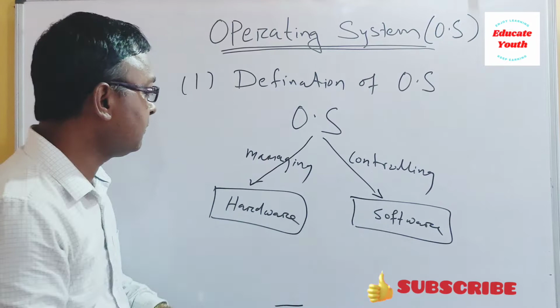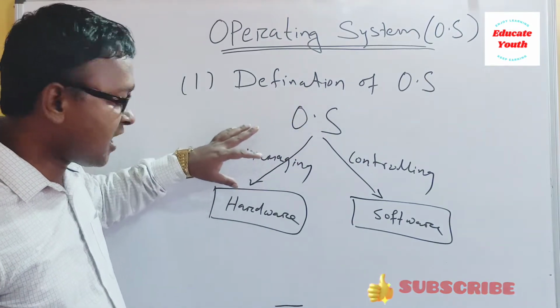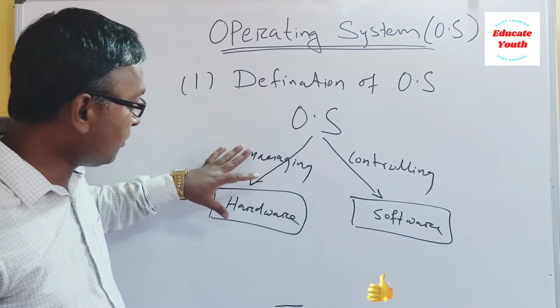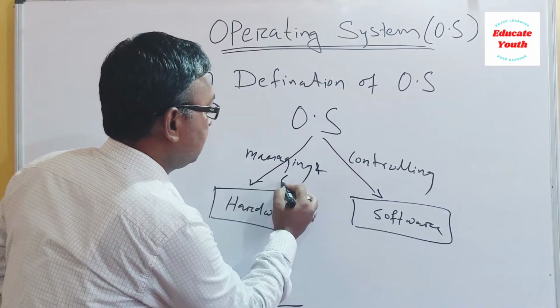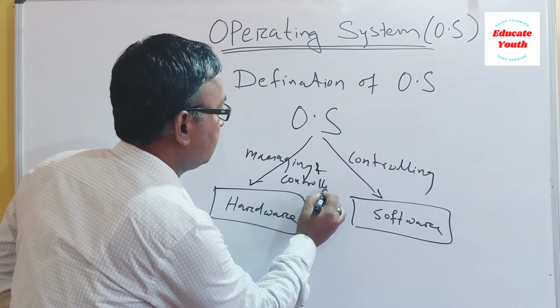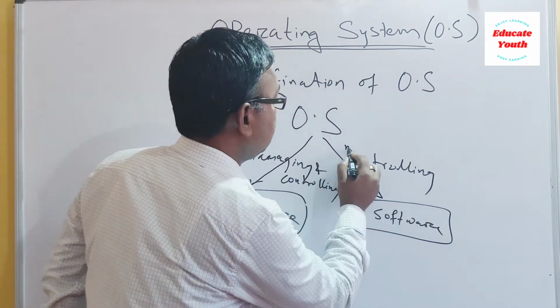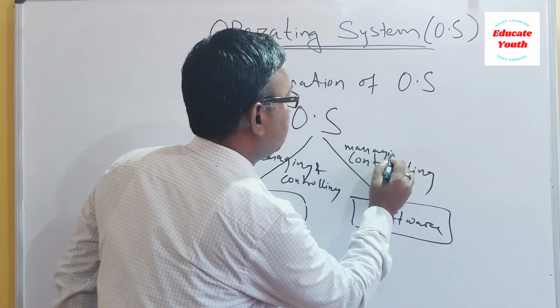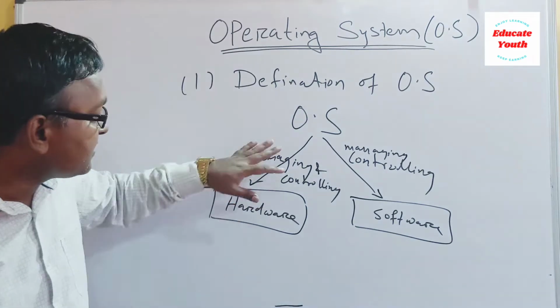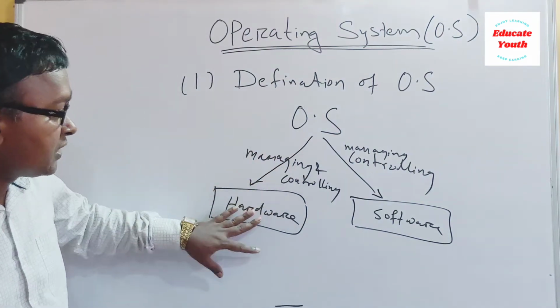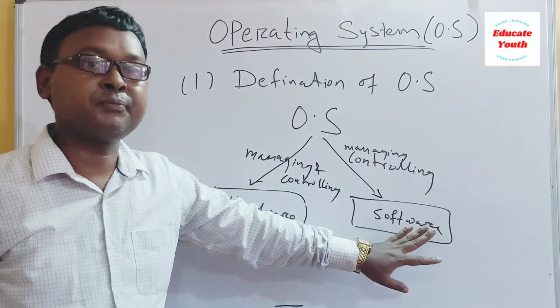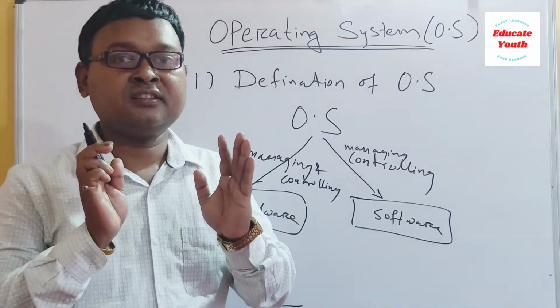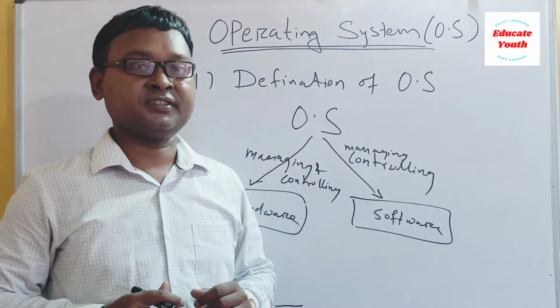It is responsible for managing and controlling all the hardware resources and also the software resources of your computer system. This is the definition of your operating system.